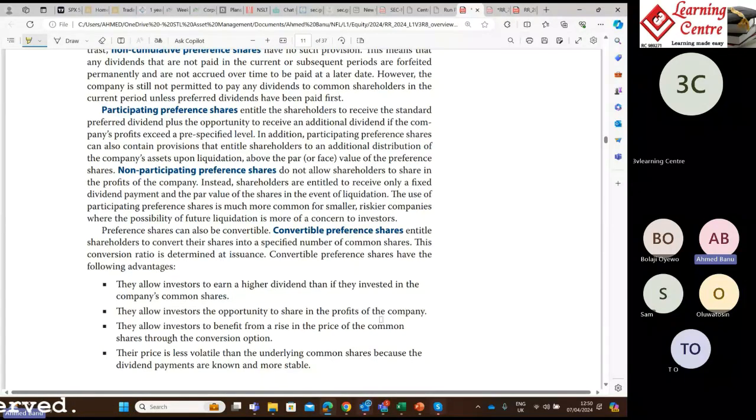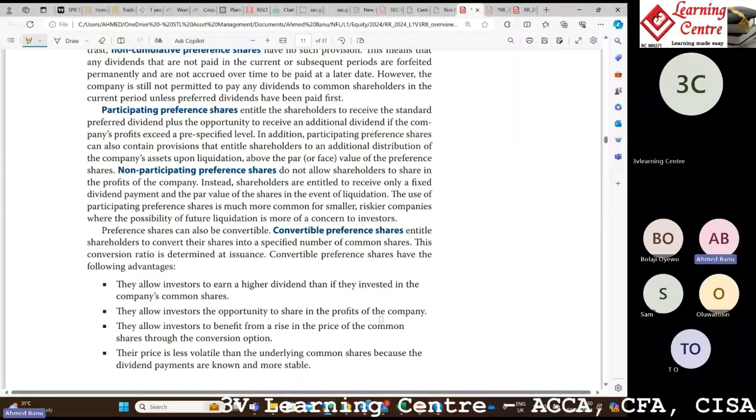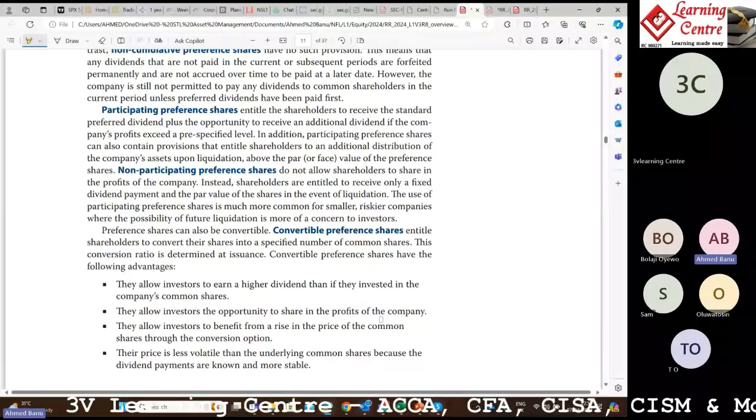Now, what are the benefits and advantages of convertible preference shares? One, they allow investors to earn higher dividends than if they had invested in the company's common shares. They allow investors the opportunity to share in the profit of the company.